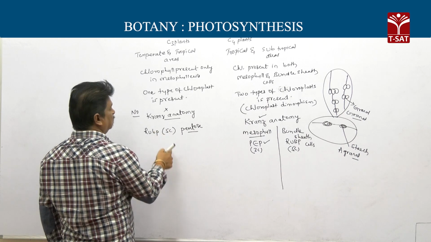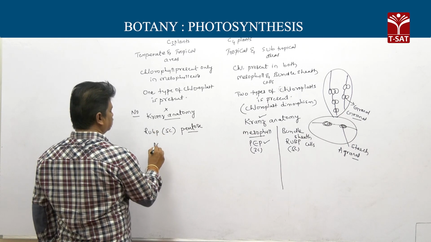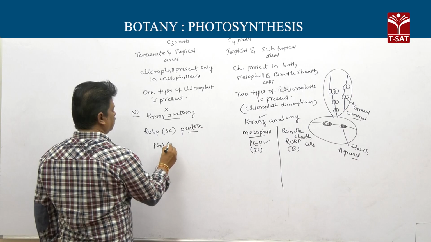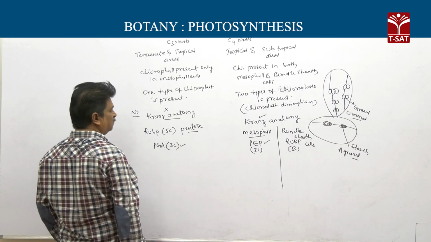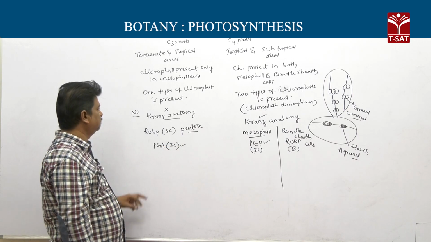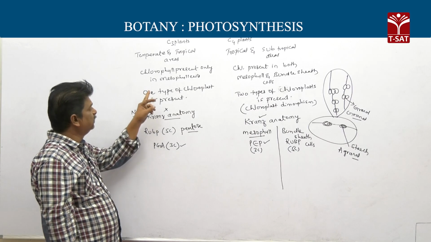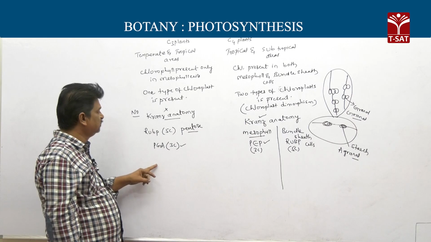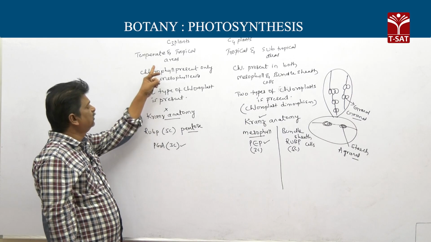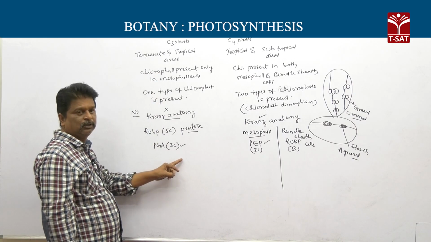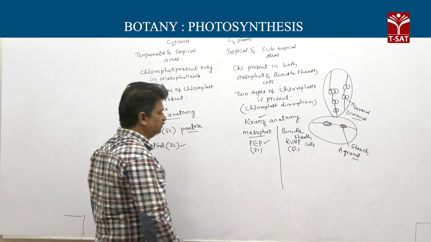But C3, only one carbon dioxide fixator is present. First product in C3 plants, phosphoglyceric acid. So it is a 3-carbon compound. That is why that cycle is called C3 cycle, and plants showing C3 cycle are called C3 plants.